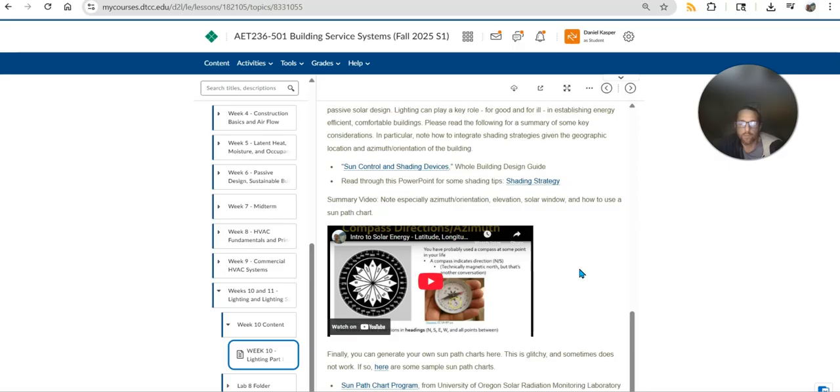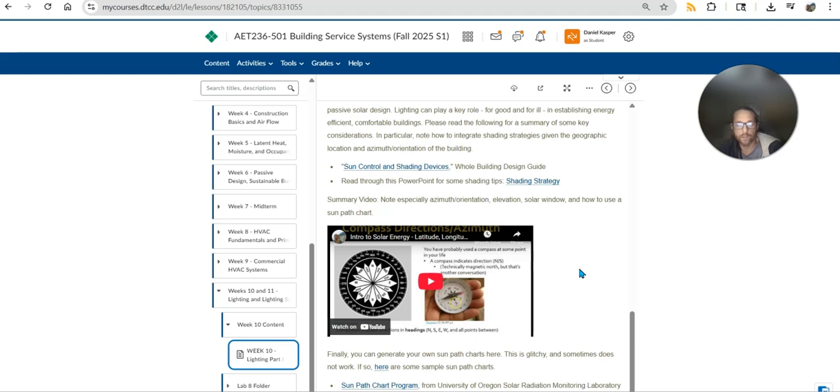And it's pretty cool because the sun is very consistent. I mean, of course, you have clouds, but where the sun is located in the sky, you can predict that down to the foot if you know where you are. So we'll look at some pretty cool apps that show you how to evaluate that, and then you're going to use that information as a consideration in passive lighting design.